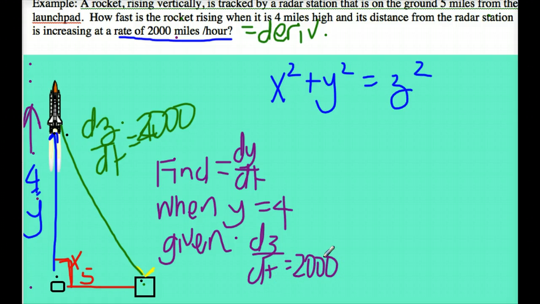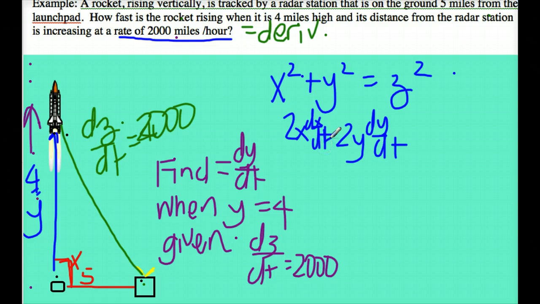So our next step is to take the derivative. So let's take this derivative. I'm going to get 2y dy/dt. Oh, I forgot the x. 2x dx/dt equals 2z dz/dt.